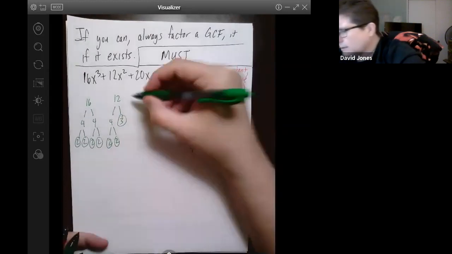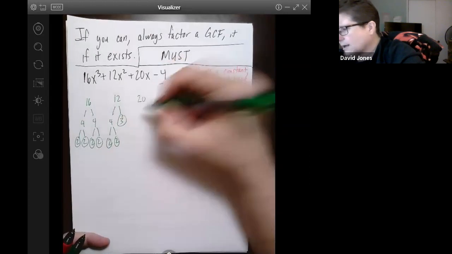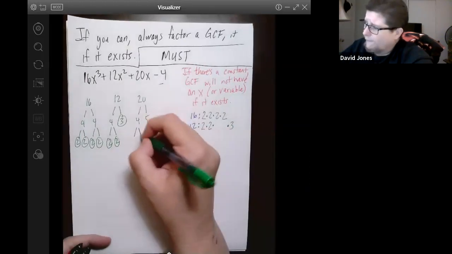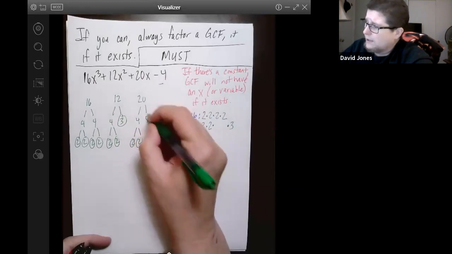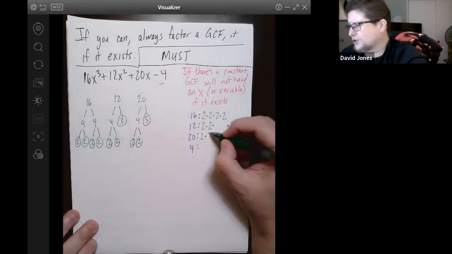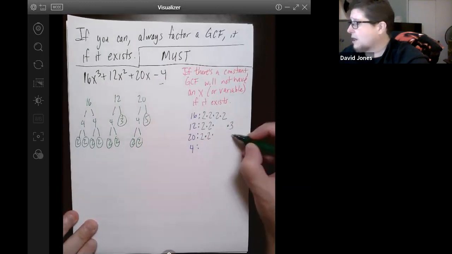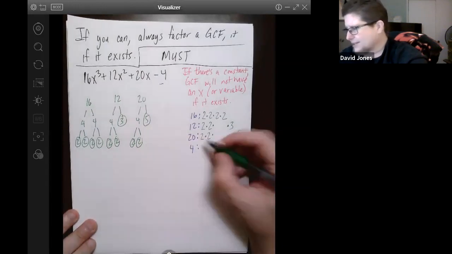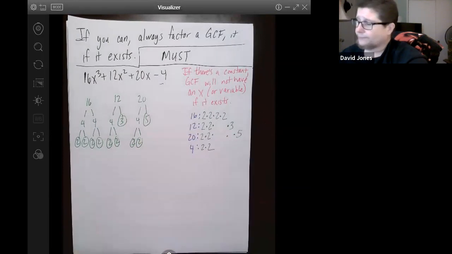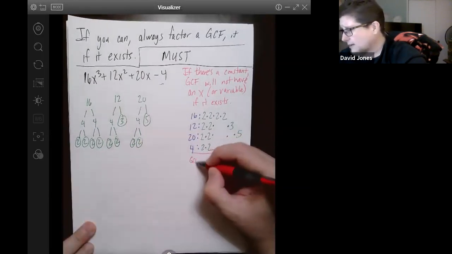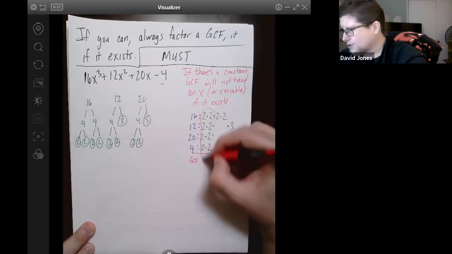The 20 is 4 times 5, and 4 factors to 2 times 2, and 5 is prime. So I'll have another 2, put those underneath the other ones. And we'll make a new column for 5. And 4, we've already got listed. It's 2 times 2. So my GCF looks like it's 2 times 2, or 4.